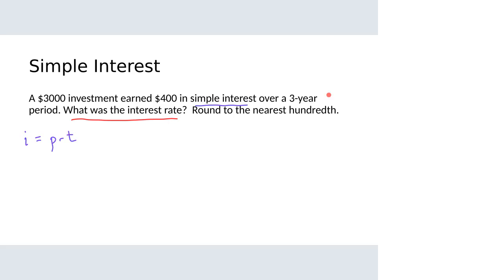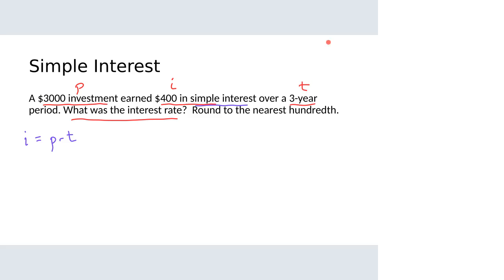And so this time, what I'm being asked for is R. I'm going to know the other 3 pieces, and I'm going to have to find R. Okay, well, let's see how that plays out. A $3,000 investment, so that's my principal, earned $400 in interest, so that's I, over a 3-year period, that's T.